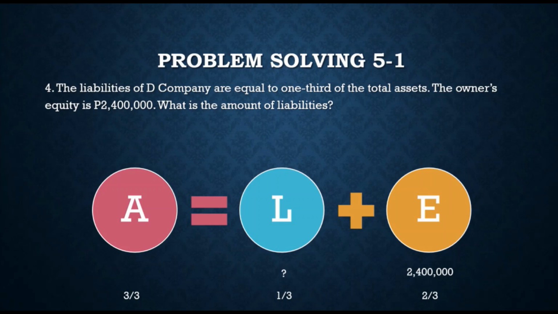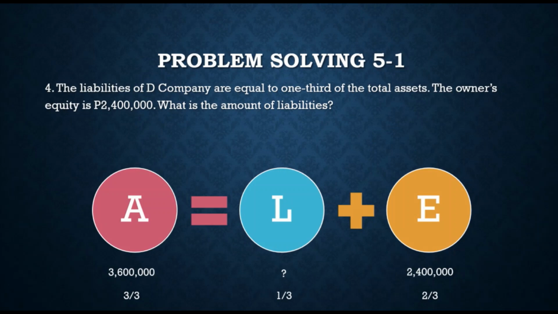Since alam na natin yung portion ng mga fraction ng bawat isa sa ating accounting equation, computein na natin yung total assets. So para makompute ang total assets, 2.4 million times 3 divided by 2, so ang total amount of asset is 3.6 million. Since alam na natin yung amount ni total assets and based sa problem, 1/3 daw ng total assets is yung amount ni liabilities.